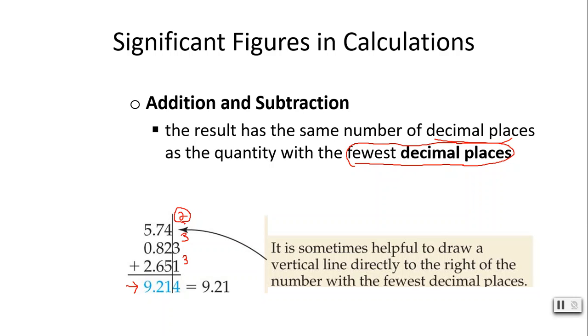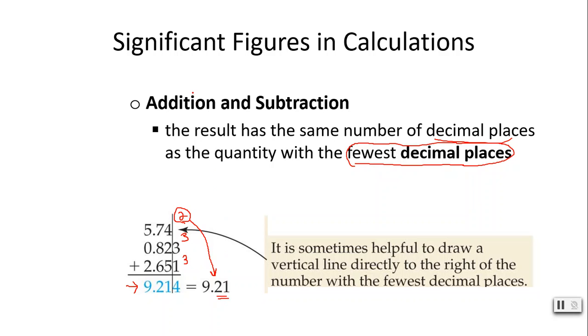And since 2 is less than 3, my final answer can only have two significant figures after the decimal. So my final calculated answer in this example would be not 9.214, but just 9.21.